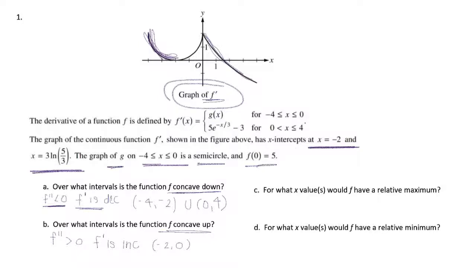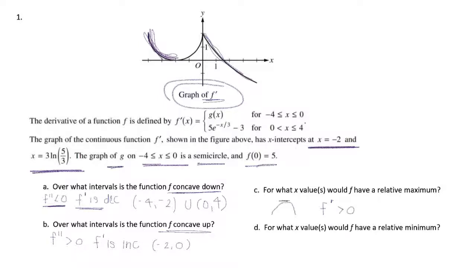Okay, and looking at C, we need to talk about where f would have a relative maximum. Well, for a maximum, f would have to increase, then decrease. So if f is increasing, we know f prime is positive.